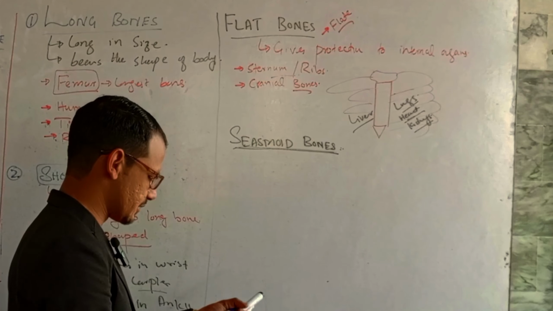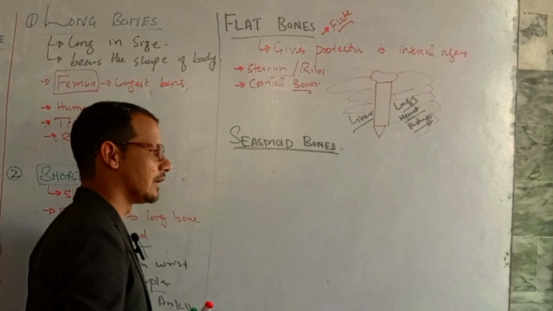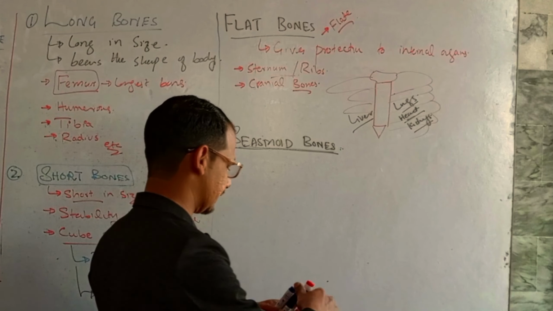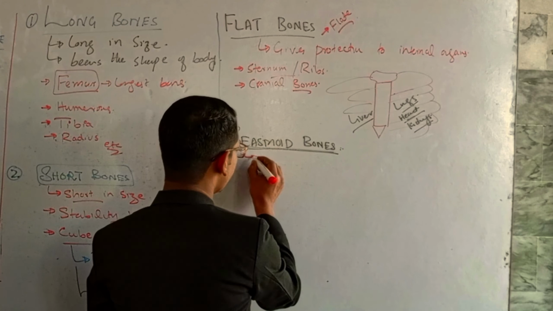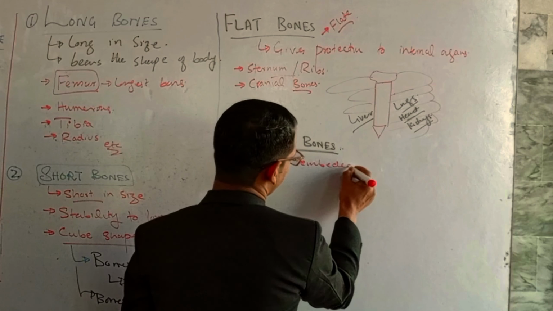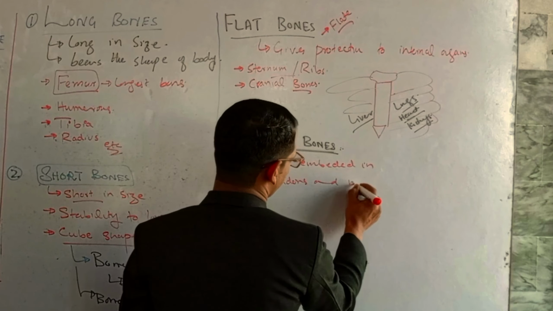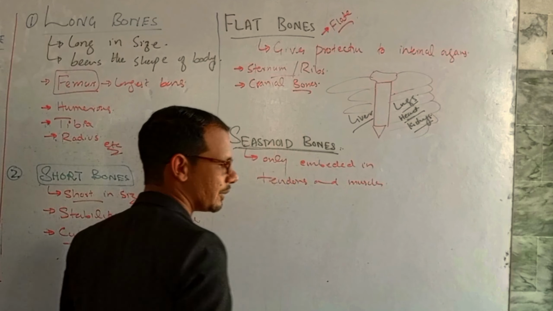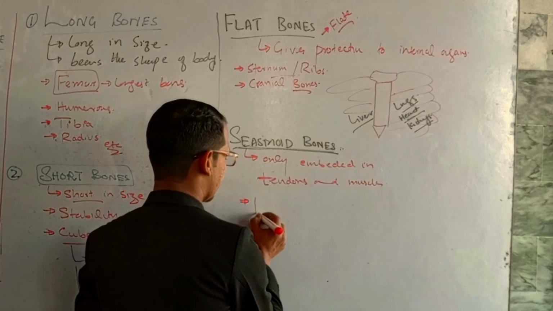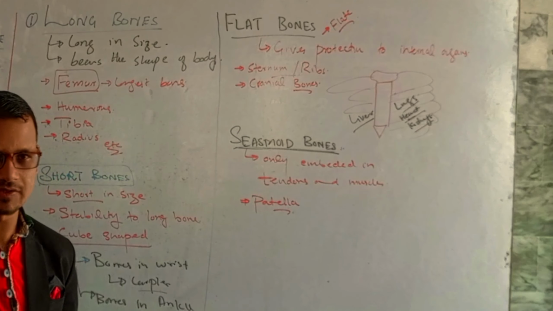The next type is sesamoid bones, and sesamoid bones are only attached by tendons. They are not part of other bones or other joints. They are only embedded in tendons and muscles. The best example in our body is the patella, also known as the kneecap.